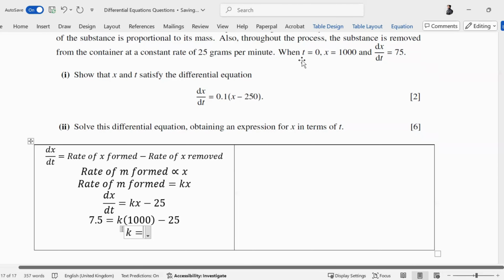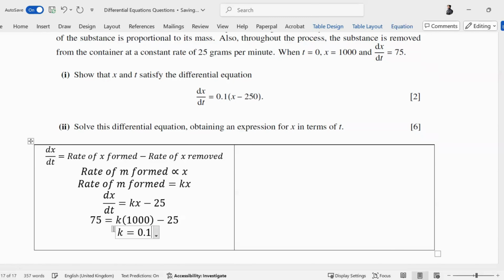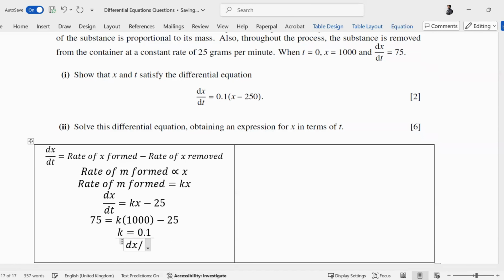Most of the data is often given in words. Sometimes it's provided with simple values like in this one. So what is the value of k? 25 goes there and gets added, then divide. Sorry, it's 75, not 7.5. Correct this. What is the value of k? 0.1. Yes. So dx by dt is 0.1 x minus 25.